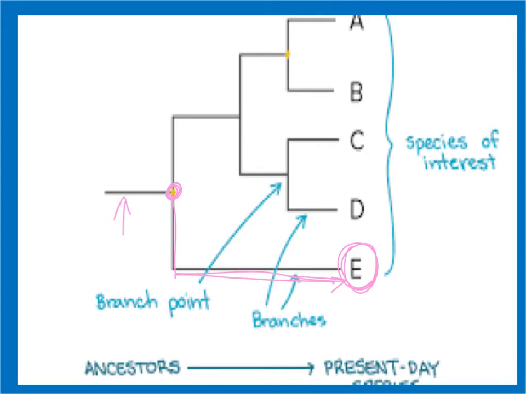So this line represents a long period of time. Okay, so then off of the common ancestor, over a period of time, they diverged. Okay, and then you got species A and B over here that are going to be related, and then species C and D over here that will be related because they're coming off of the same line here.